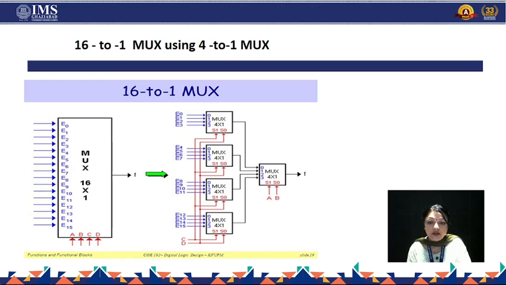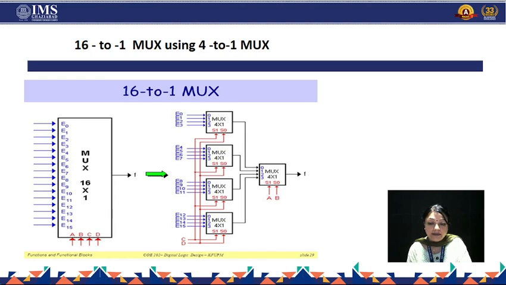So in this way 4 multiplexers give 4 outputs, which go to one more multiplexer of 4 into 1 mux as inputs. The output will be F. So in this way 16 inputs are going into 4 multiplexers of 4 into 1 mux and the output will be 1.